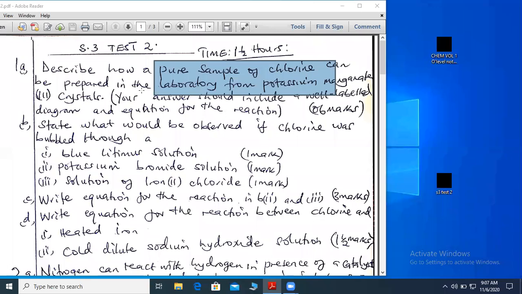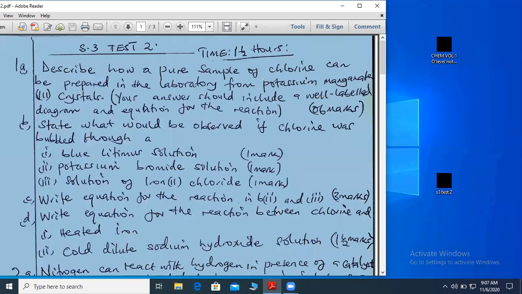So, for example here, describe how a pure sample of chlorine can be prepared in the laboratory from potassium permanganate. We had to use potassium permanganate and concentrated hydrochloric acid. However, I was somehow disappointed with your friends who decided to use manganese 4 oxide.